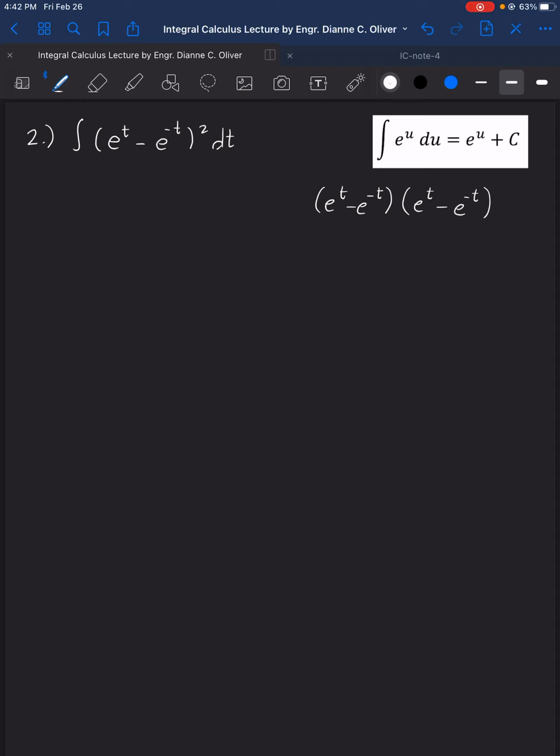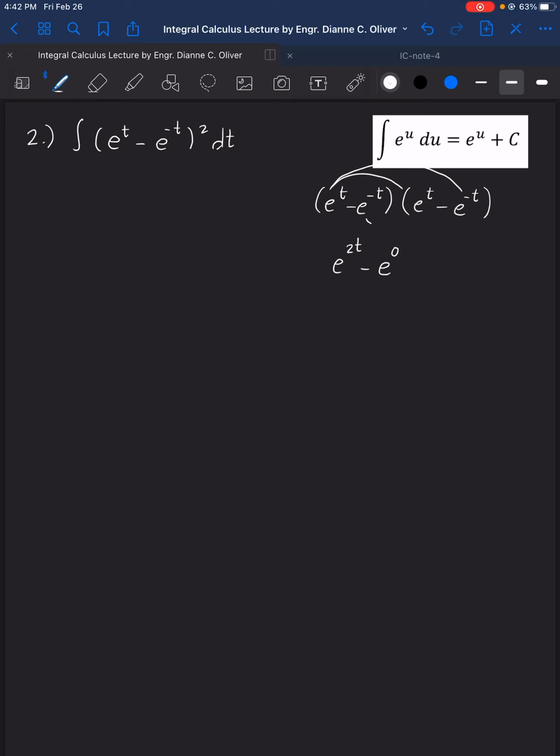So e raised to t times e raised to t becomes e raised to positive 2t. e raised to t multiplied with negative e raised to negative t becomes negative e raised to 0, because the exponent t plus negative t becomes 0.